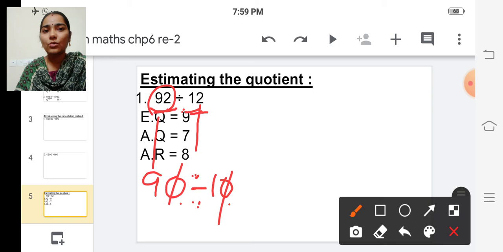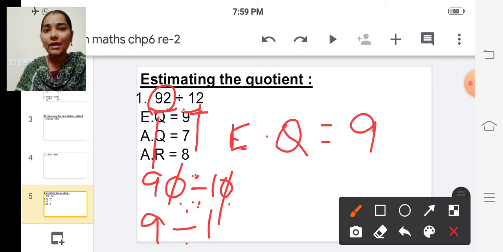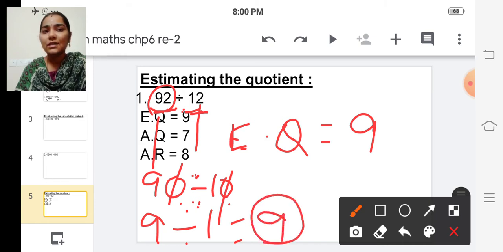So the estimated quotient is 9 divided by 1. If we divide any number by 1, the answer will be the number itself, isn't it? So the estimated quotient is 9.